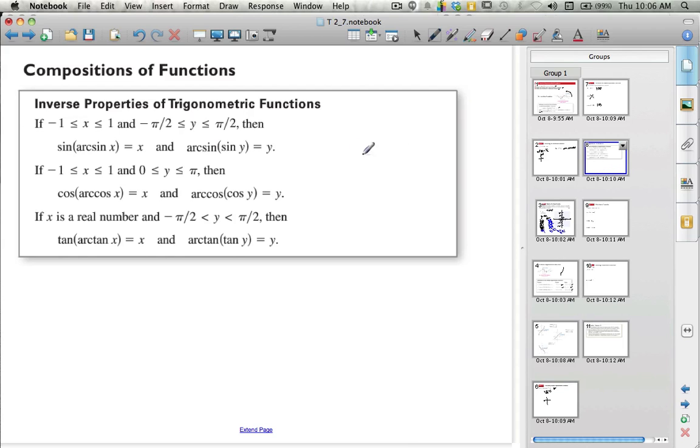Okay, so again, when we start talking about compositions of functions, so we're talking about how do we combine our functions and what happens. Okay, now again, we've got domain restrictions for each different function.